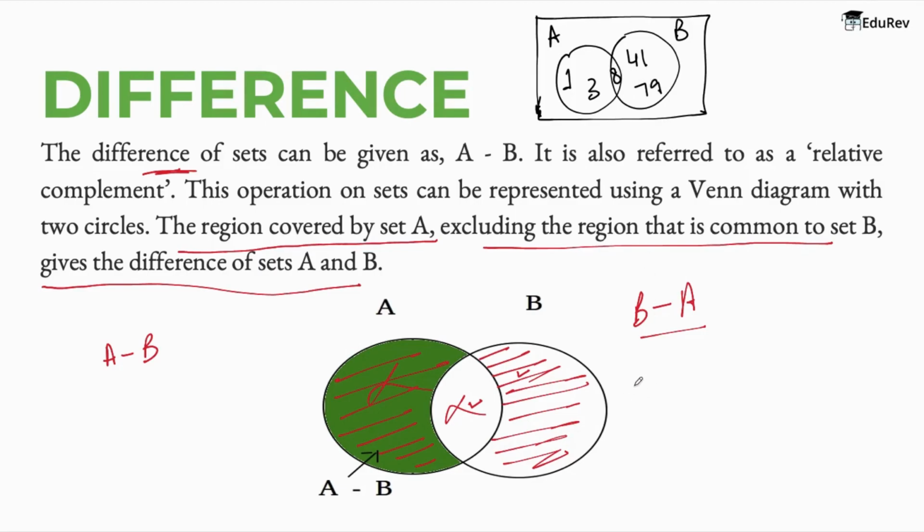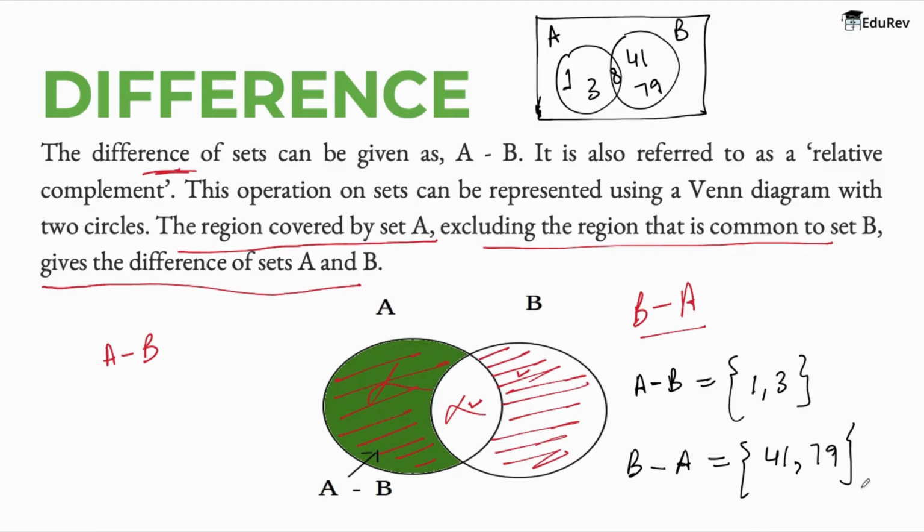If I want to write A minus B, I have to subtract B from A, so it will be only 1 and 3. And if I have to write B minus A, then it has to be 41 and 79. I hope you have understood how we find the union of two sets, the intersection of two sets, the complement of a set, and the difference of sets.